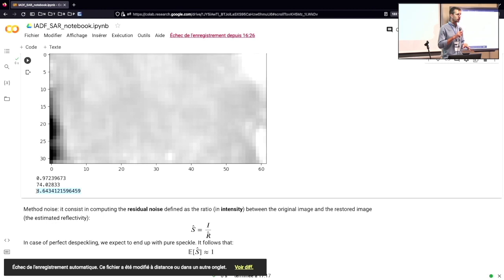So the equivalent number of looks should correspond to the number of independent samples that have been averaged. Are my pixels independent? So the more we get away from the center, the more independent? No, that's not exactly the answer. The thing is that when I average pixels within a window, in fact, my pixels are not independent.